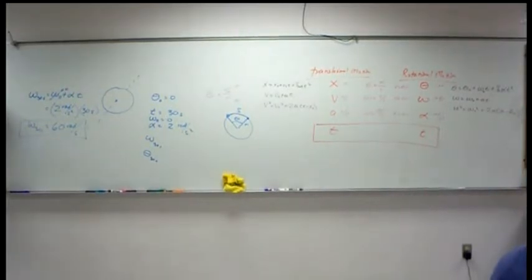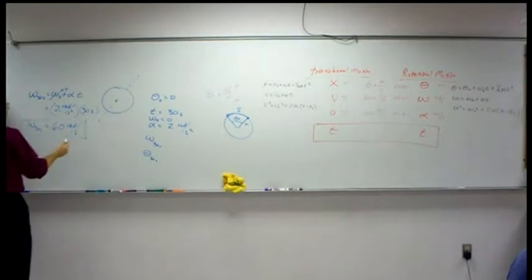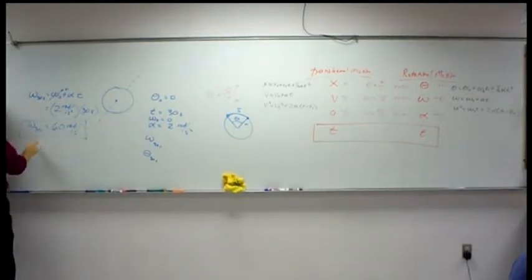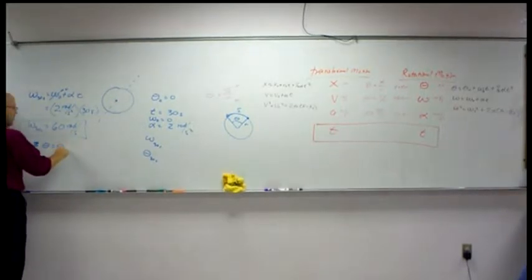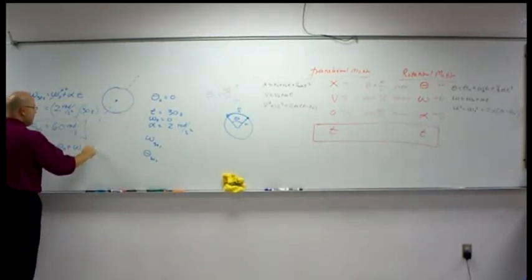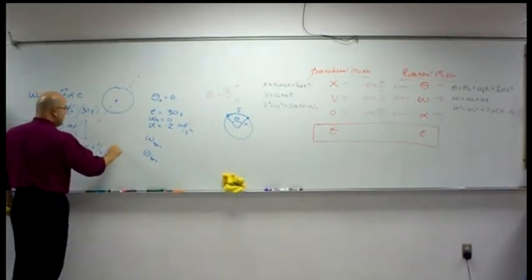So where is it located? Actually, that's not a good question, because it's not translating. How far has it turned? Theta equals theta naught plus omega naught t plus 1/2 alpha t squared.